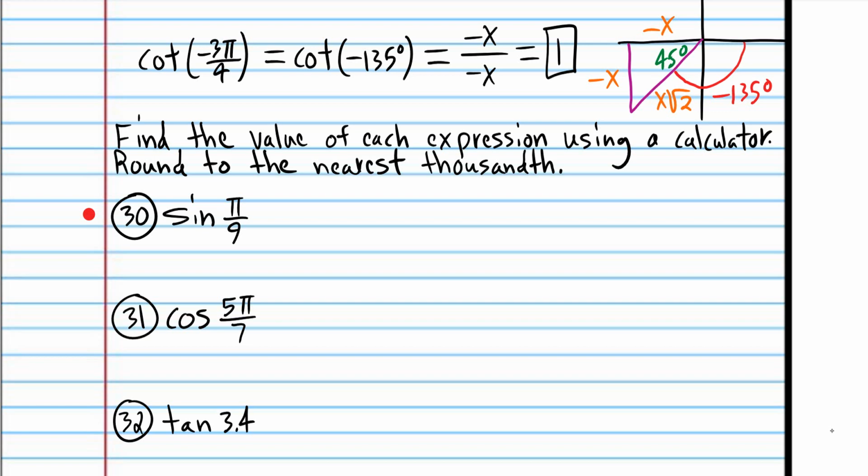If you're using an iPhone, rotate your phone so it's in landscape mode, and at the bottom left, most likely you're going to see a button that says rad, R-A-D. It might say rad, or it might say DEG.